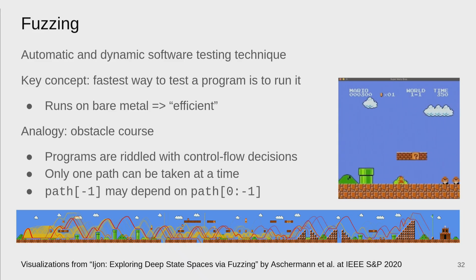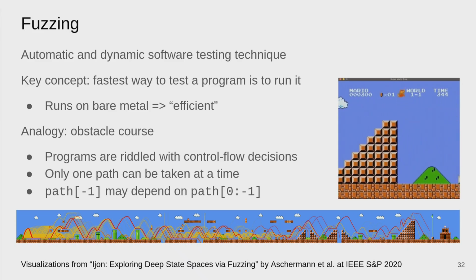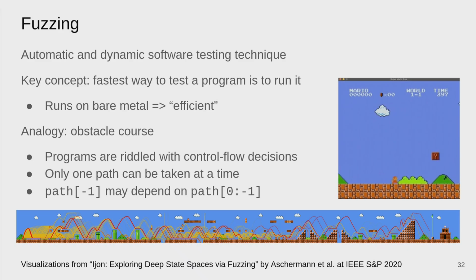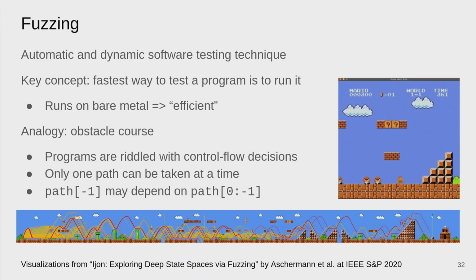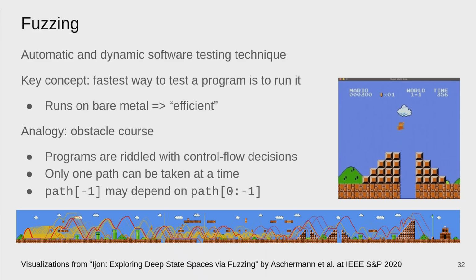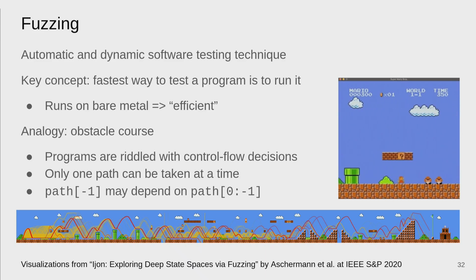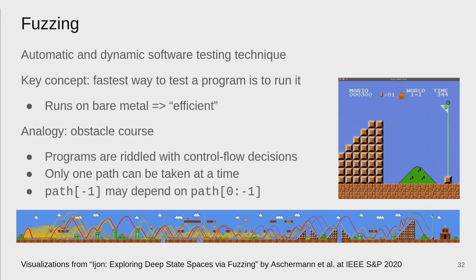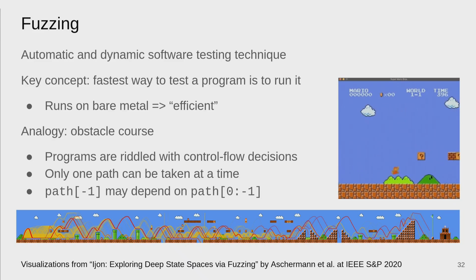And at the bottom you see all the different paths that the fuzzer took, to make sure that Mario doesn't die in between. And you see that the fuzzer has a lot of tries initially early on as we go through the beginning. And the further we go, the fewer iterations are being executed, because this is where the fuzzer starts modifying stuff until it reaches the flag at the end.